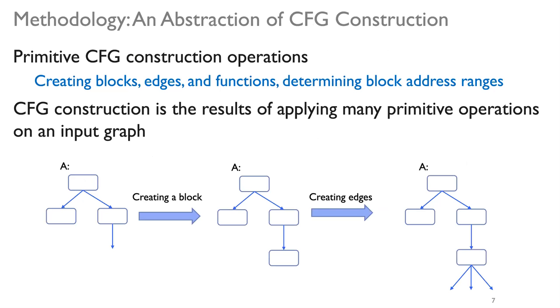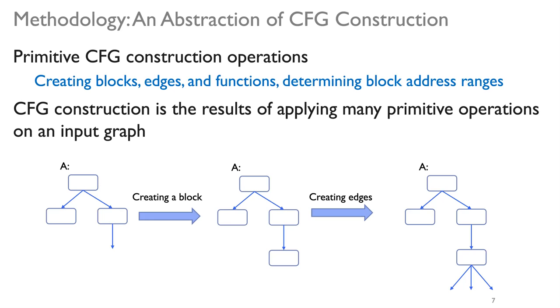To systematically address these challenges, we present a CFG construction abstraction. It includes defining primitive CFG construction operations, including creating blocks, edges, and functions, and determining block address ranges. These primitive operations are trivial to perform in serial, thus existing serial algorithms do not explicitly define them.